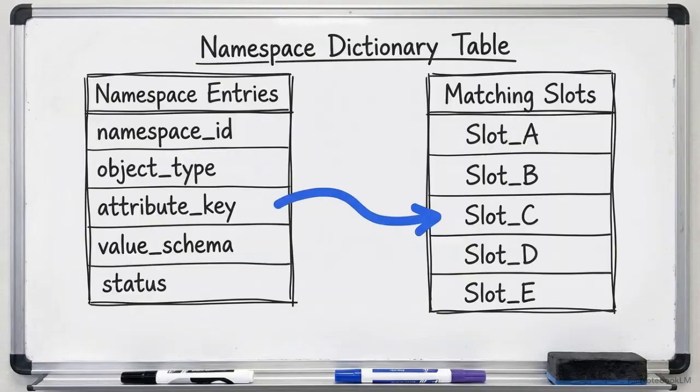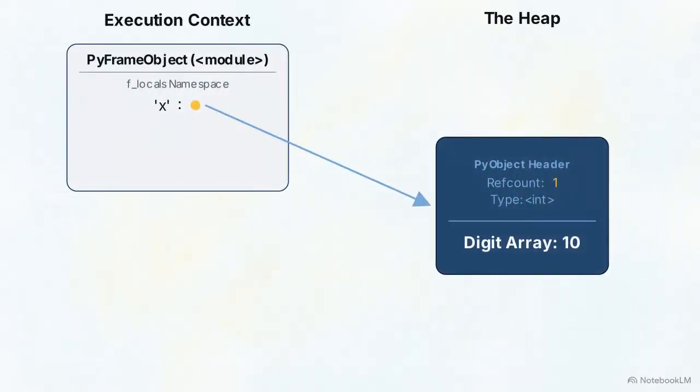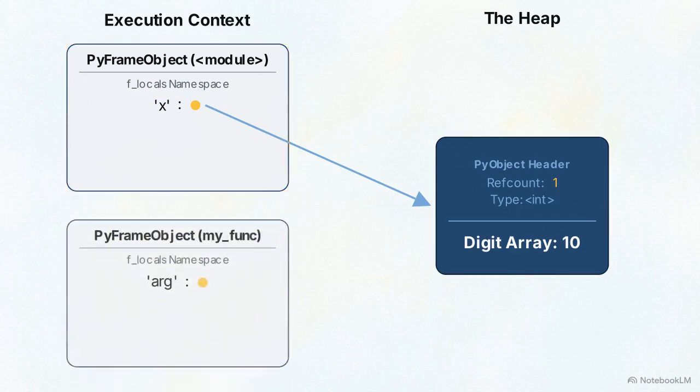Stepping back, this hero visual maps the complete Python runtime architecture operating as a single unified system. It is built on 3 pillars: the namespace dictionaries holding your variable labels on the left, the densely interconnected data objects in the heap on the right, and the stack frames orchestrating the execution.